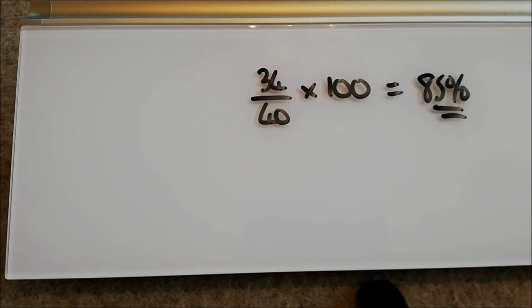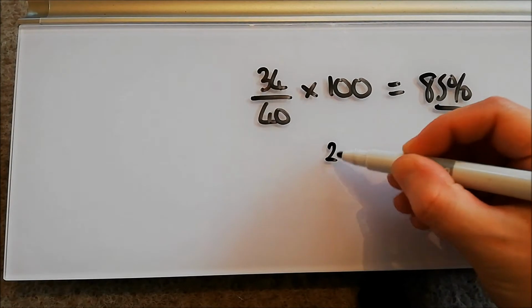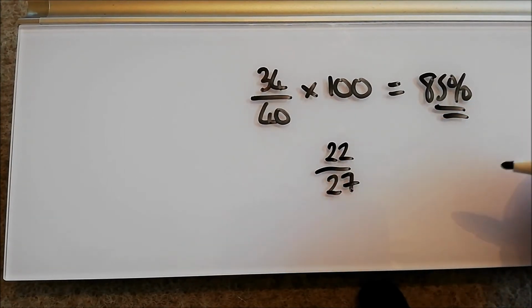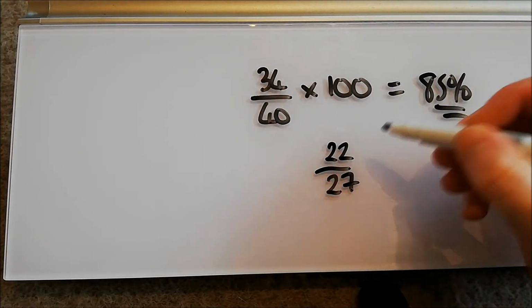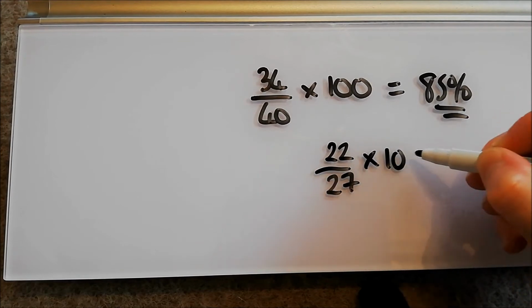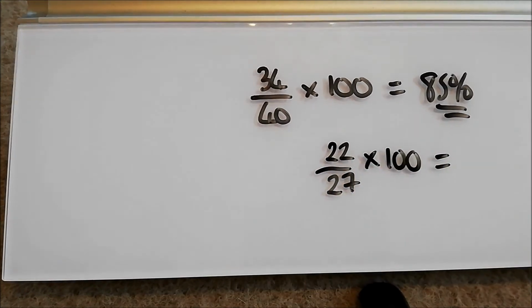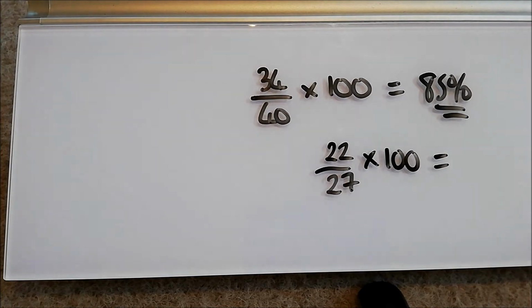And although all the ones that we've done up to now have been nice whole number answers, on a calculator paper that wouldn't always be the case. So if I had 22 out of 27 that I wanted to express as a percentage, then I'd just put 22 out of 27 times 100 equals into the calculator.